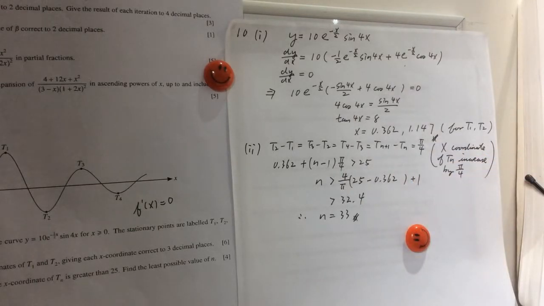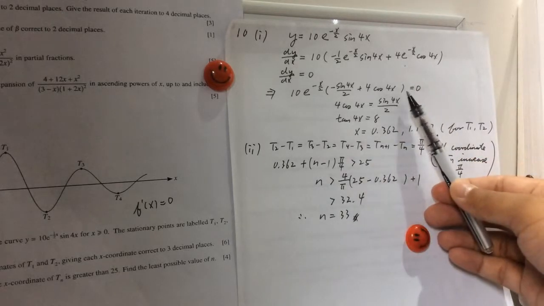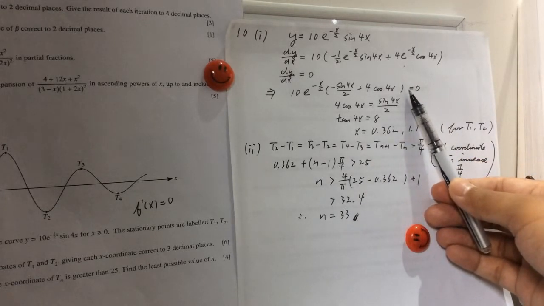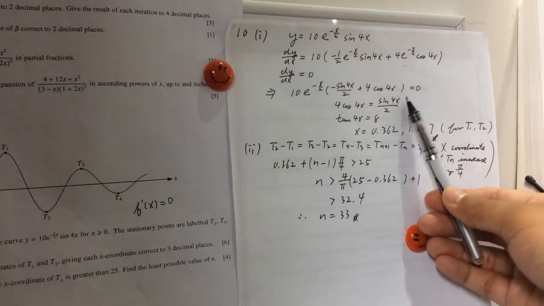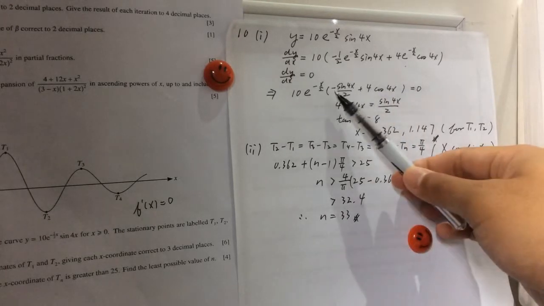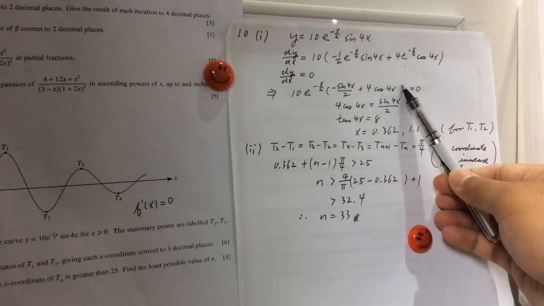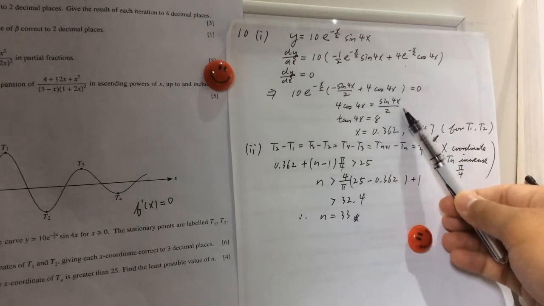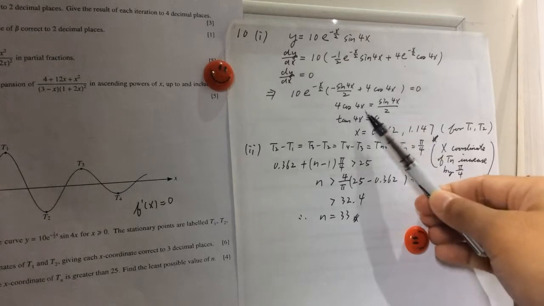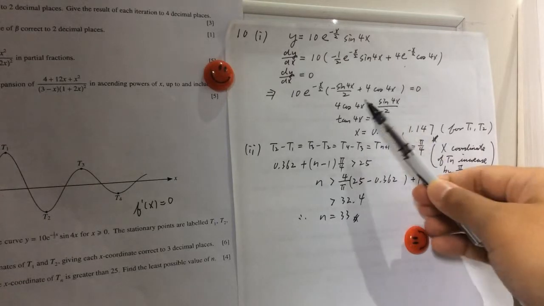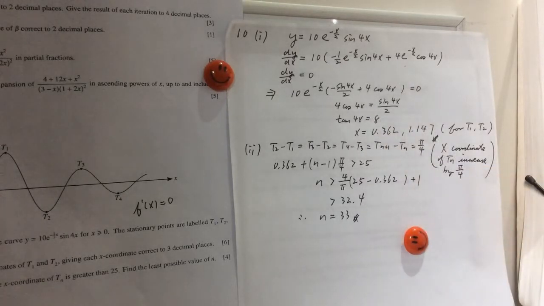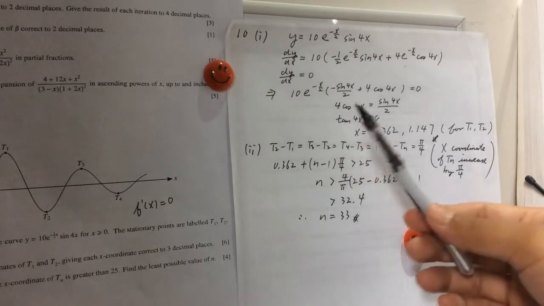Sine 4x divided by cosine 4x is tangent 4x. There are many solutions because there's no restriction for x. But we are asked to find the x coordinates of T1 and T2, which are the first and the second solutions.